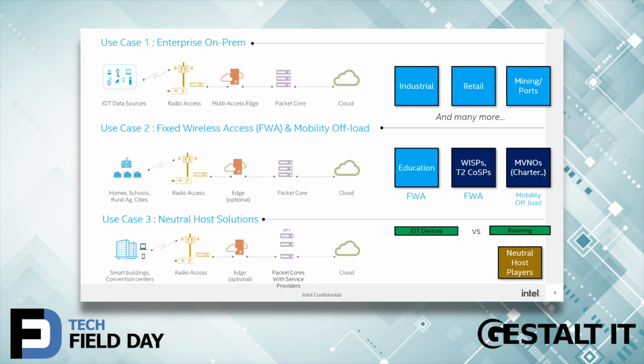An offshoot of that one is mobility offload, right? This is where MVNOs, who currently rely on the big carriers, are also using private networks to do the mobility offload, so that they can save on the cost that they typically pay to the big carriers or the big service providers.